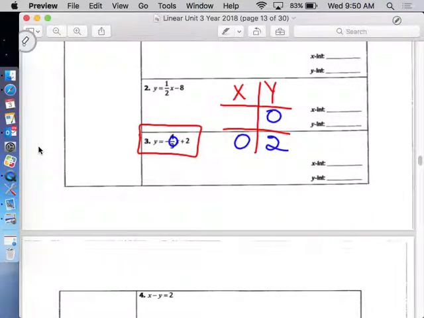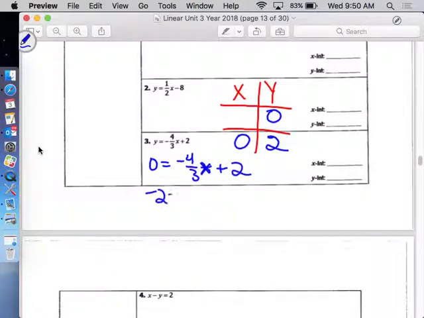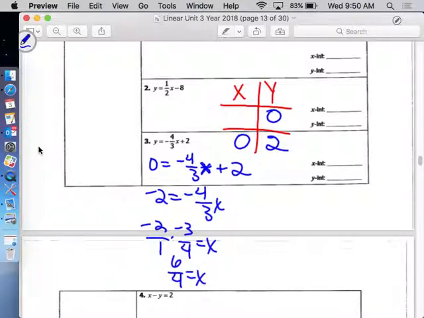And then whenever y is 0, I'm just simply going to set the equation equal to 0. Subtracting 2 from both sides, and now multiplying both sides by -4 over 3, and that's going to give me 6 over 4 positive, double negatives, so that value is going to end up being positive 3 over 2.